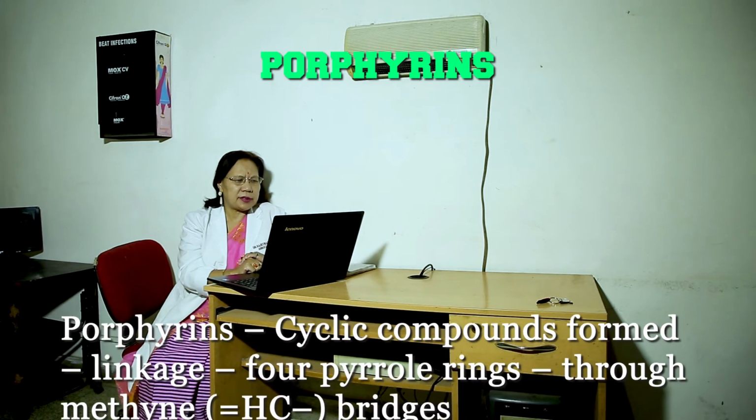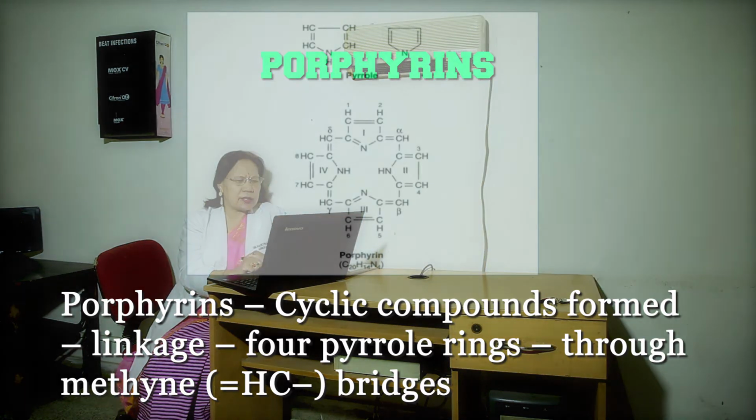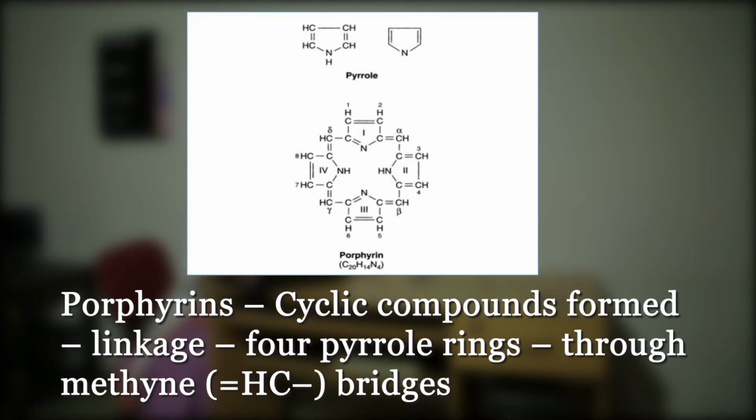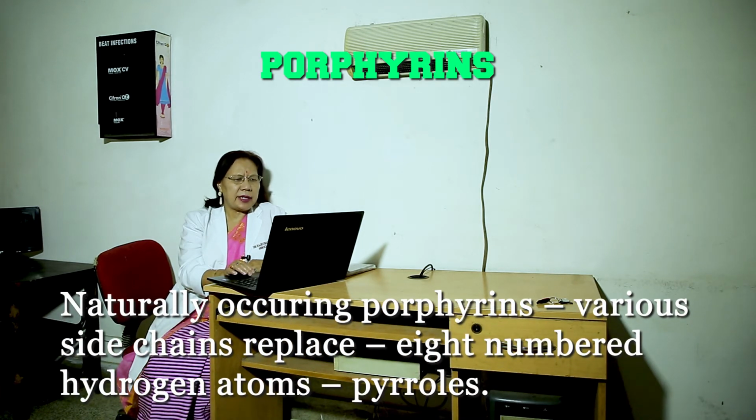What are these porphyrins? Porphyrins are cyclic compounds formed by linkage of 4 pyrrole rings through methenyl bridges. This is the structure of pyrrole and the structure of porphyrin. In naturally occurring porphyrins, various side chains replace the 8 numbered hydrogen atoms in the pyrroles.